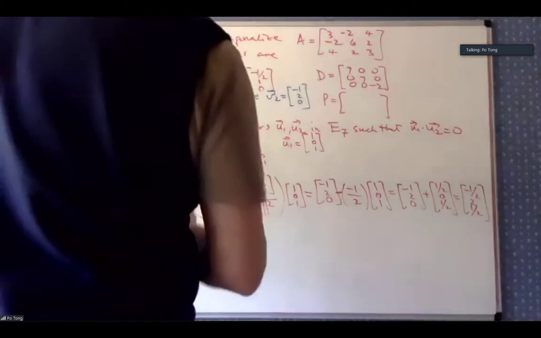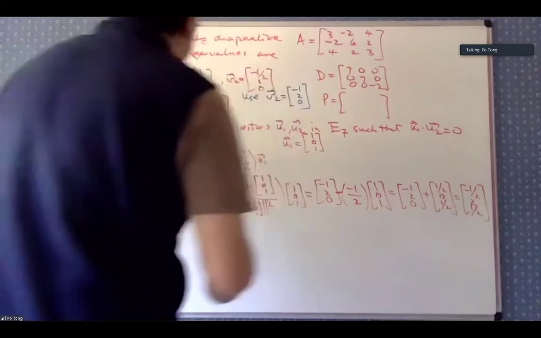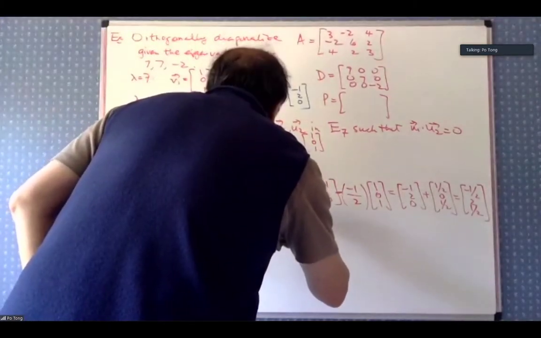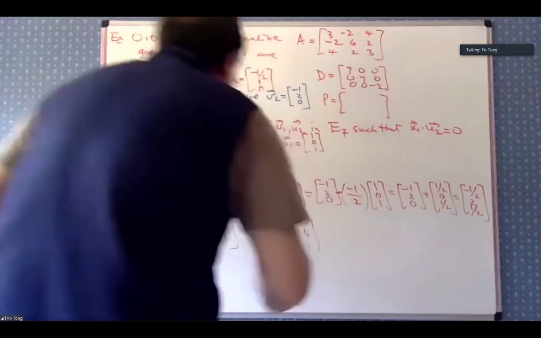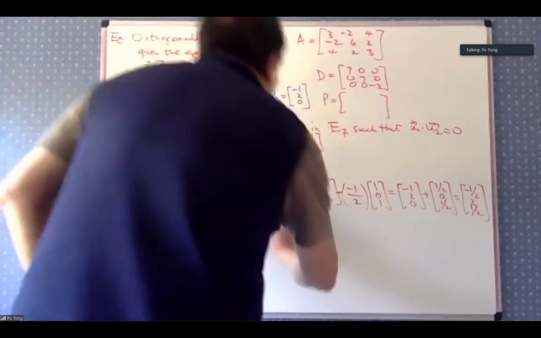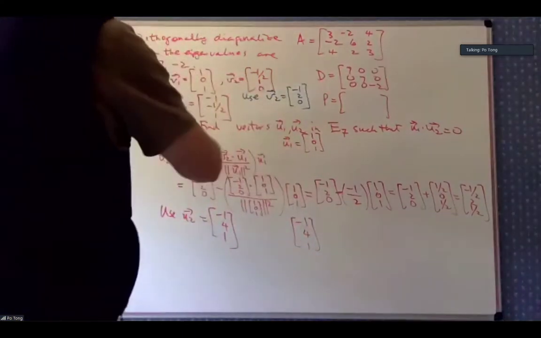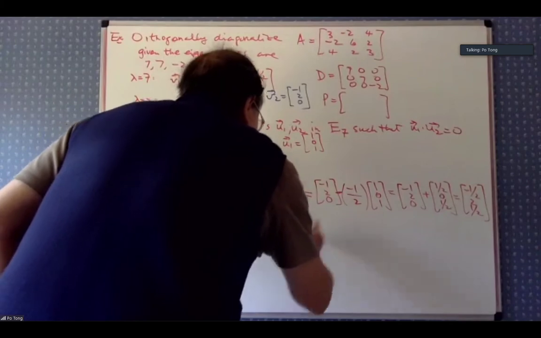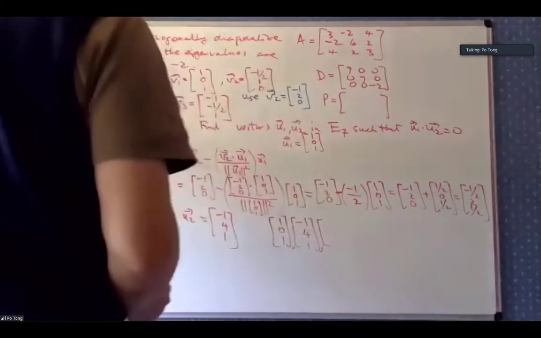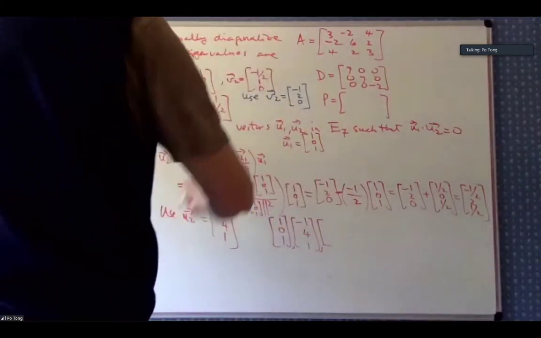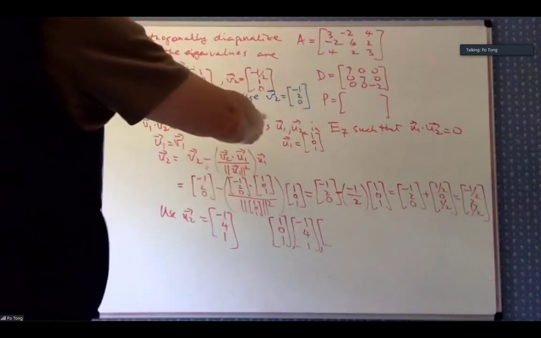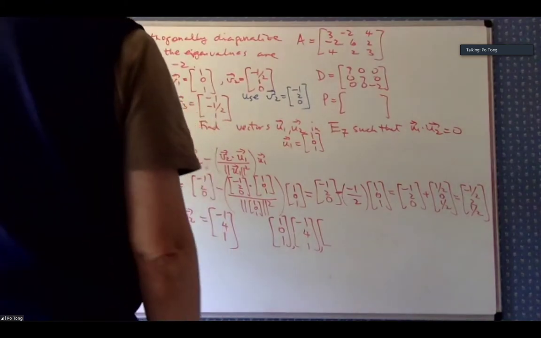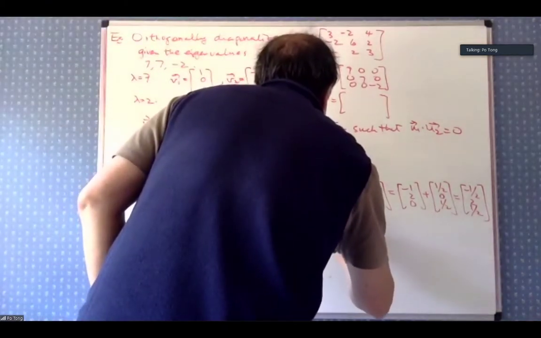Now I have 3 vectors. These 3 vectors are (-1, 4, 1), the first one is (1, 0, 1), and for V3 I'm going to use (-2, 1, 2).